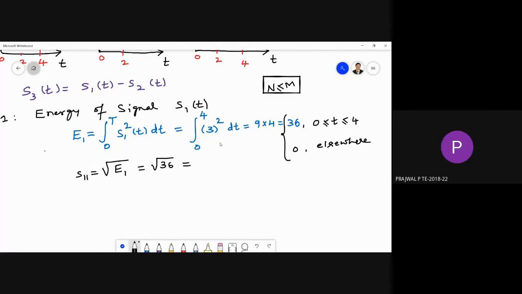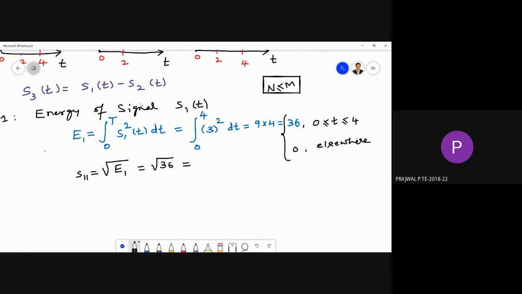Yes, sir, but in the previous problem, you told that S4 is dependent on S1 and S3, so the basis function of the fourth signal won't exist. Yes, phi 4 of t will not exist. Here, S3 of t is dependent on S1 and S2, no, sir? Yes, here only phi 1 and phi 2 will exist, not phi 3.